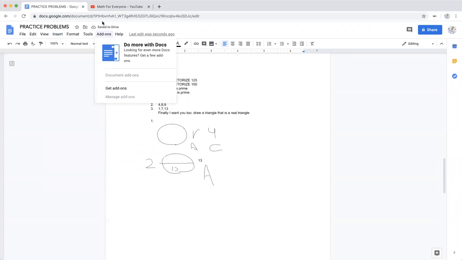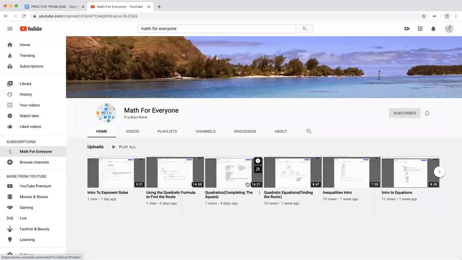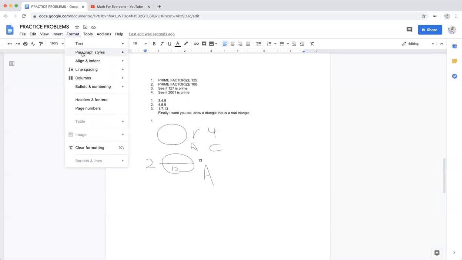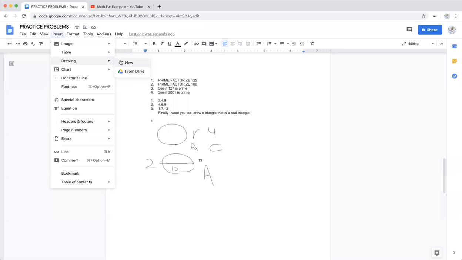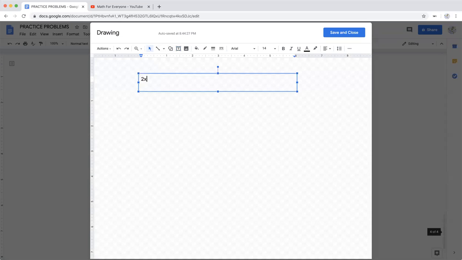Now for my last one. So I've covered prime factorization, Pythagorean theorem, circles, and triangle inequalities as well. I've covered functions just now. I'm not going to do any of my quadratics or inequalities this time. I'm going to do equations and exponents. So equations. I'm going to write a couple equations for you to solve. Find x in all of these.